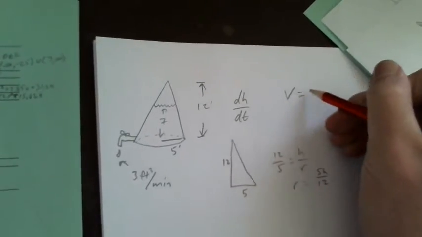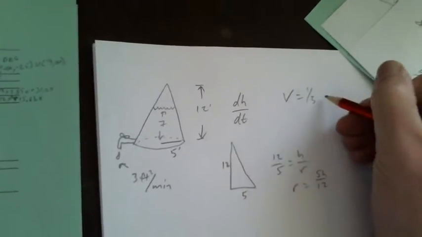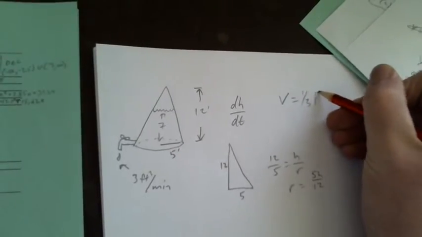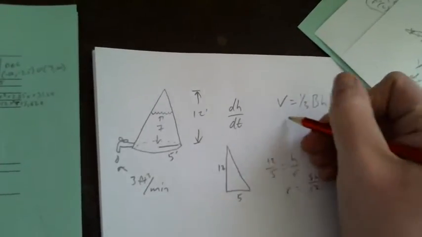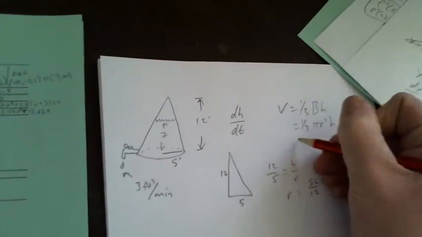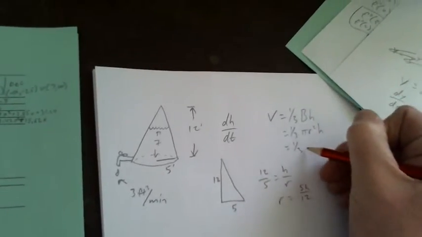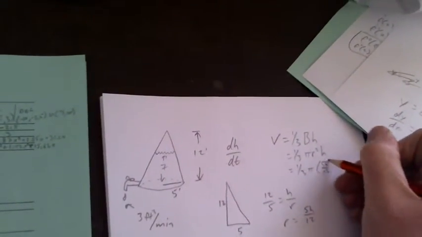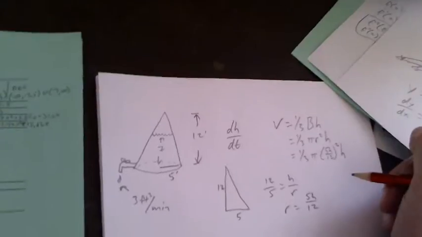So now we have volume equals 1/3 area of the base times the height, which is 1/3 pi r squared h, which is going to be 1/3 pi (5h over 12) squared h.